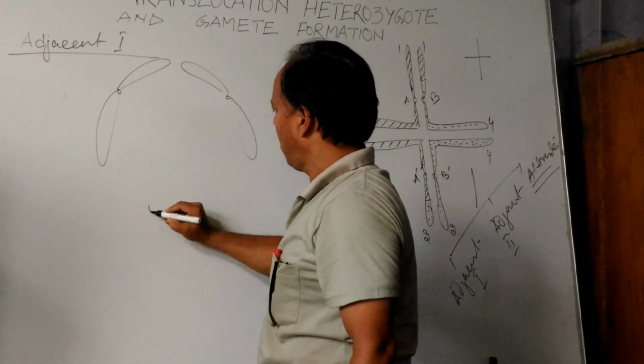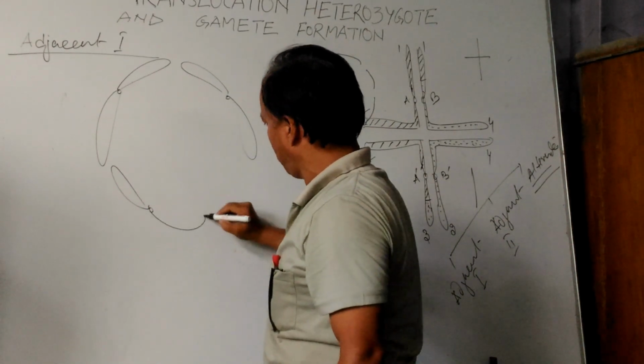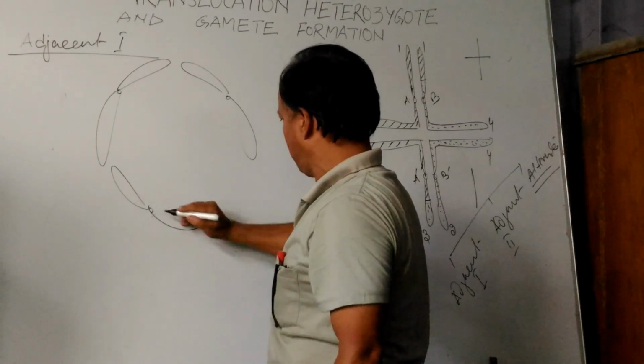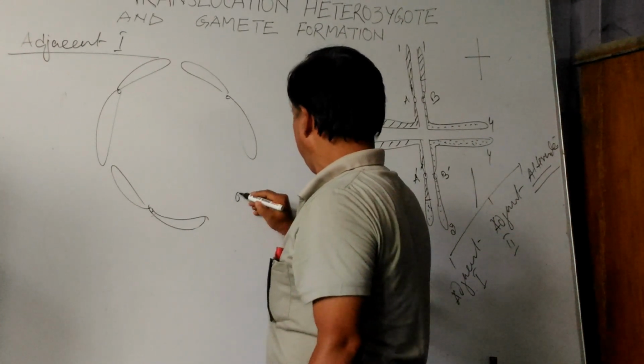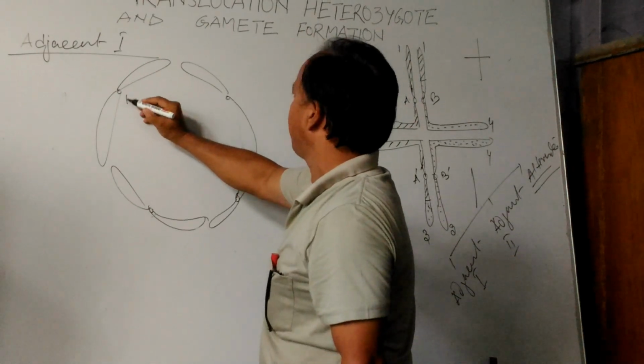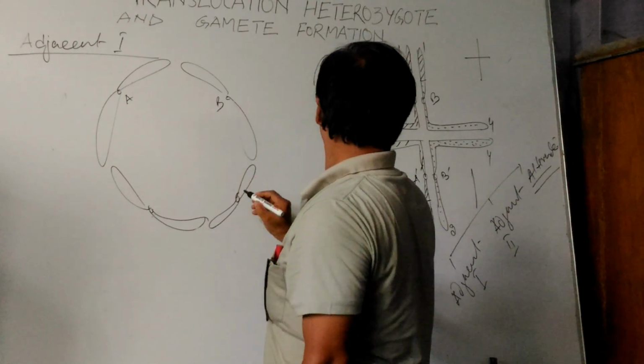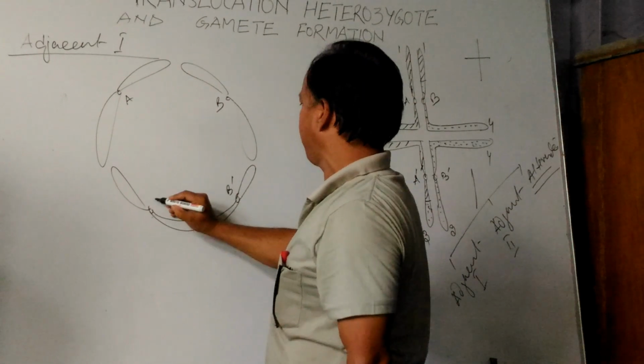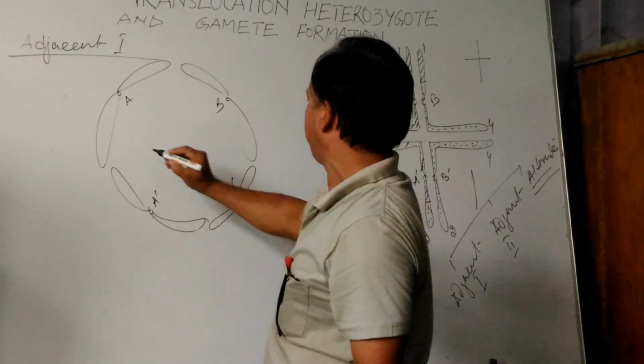First of all, they will form a ring-like structure with the help of the 4 chromosomes. This one is centromere A, B, B prime, A prime.